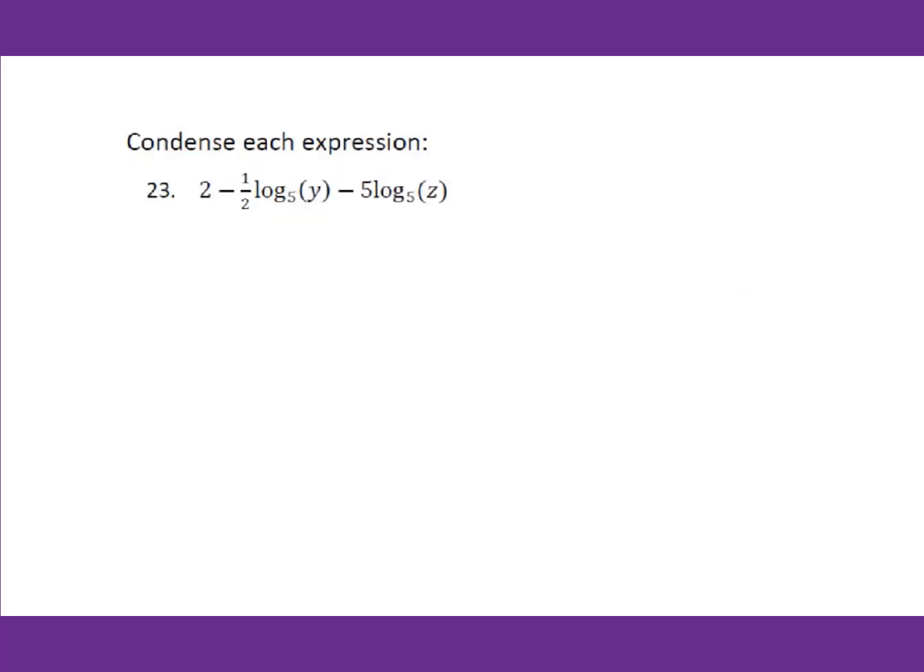For 23, when you have integers, how do we change an integer to a log? We know log base a of a equals 1. Therefore, I can do n times log base a of a equals n.